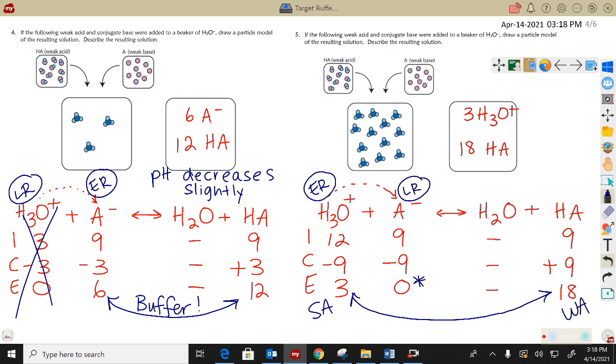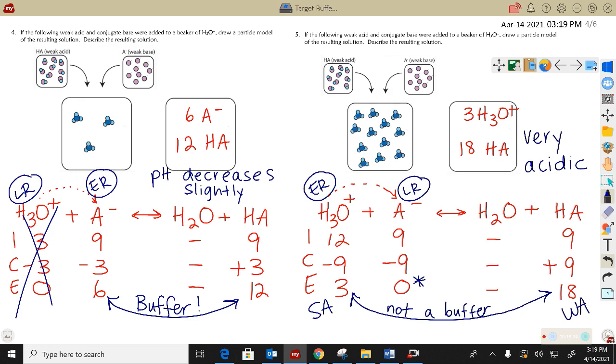In fact, what's left is acid and acid. You've got strong acid and weak acid. So if I want to describe this solution, I might just say it's very acidic. There is no buffer. Not a buffer. That's sad. We've gone beyond the capacity of the buffer.